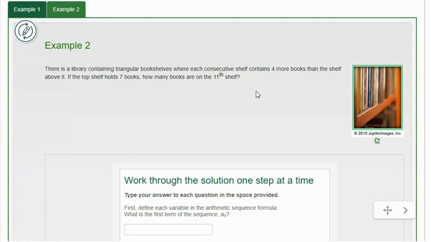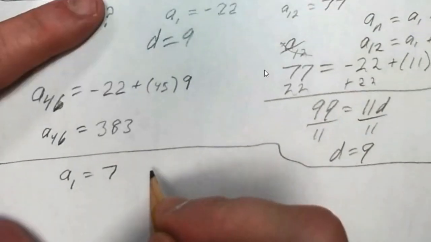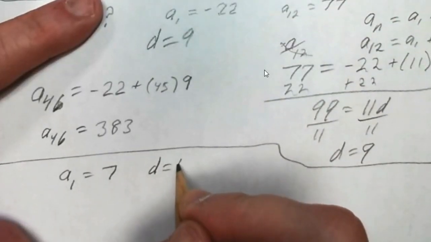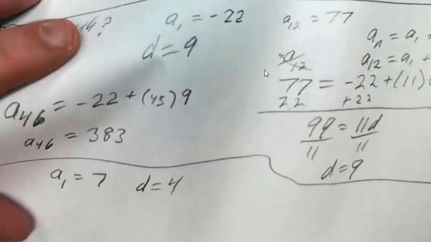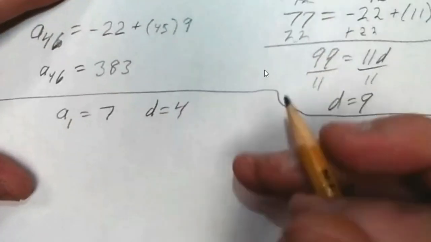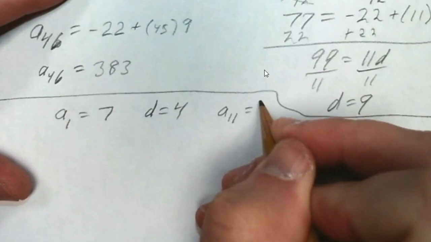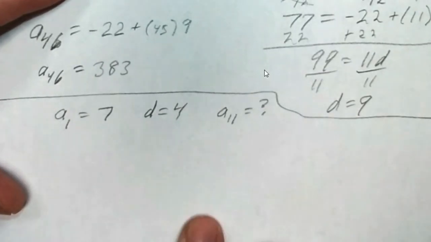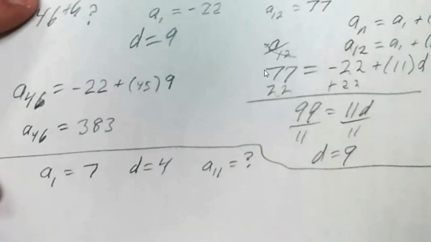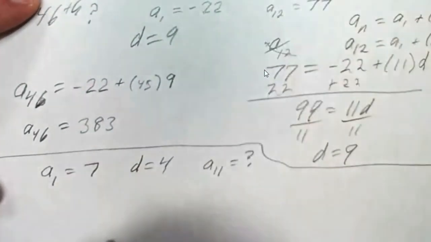So we know the top shelf holds 7. And it says each shelf holds 4 more. So that's our common difference. And they want to know the 11th. That one's not too hard. They gave us everything we need to use our formula.